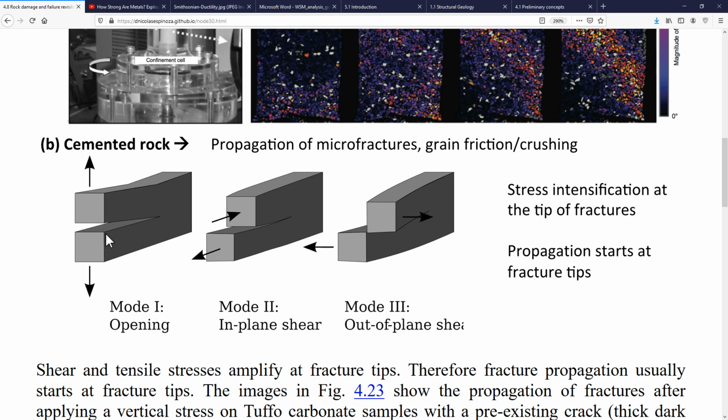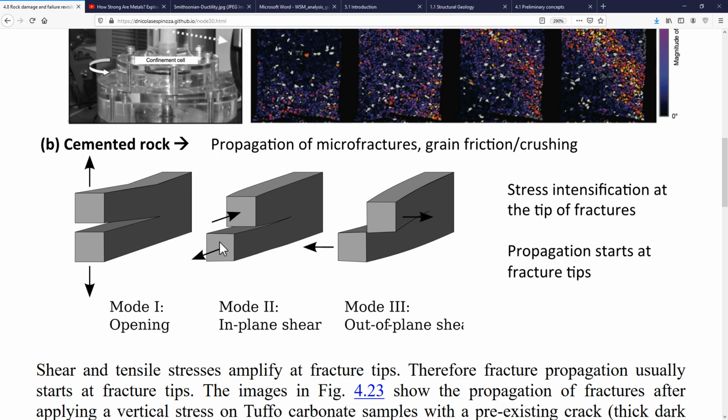This is what is going to occur, for example, when we do a hydraulic fracture and we have a fluid-driven fracture where the fluid is going to pressurize the fracture and split the two parts and make an opening with respect to each other. The two other modes are related to shear, and we have something which is called the in-plane shear mode and the out-of-plane shear mode.